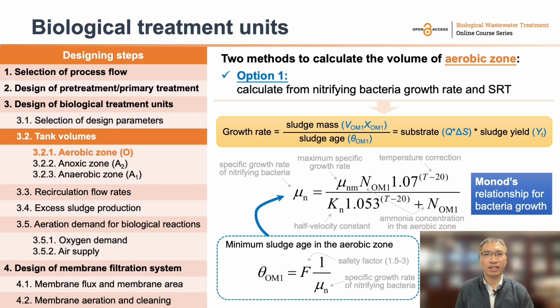It should be noted that because theta is the minimum sludge age in the aerobic zone, the volume calculated here is considered to be the minimum volume of the aerobic zone needed to fulfill the requirement of nitrification.